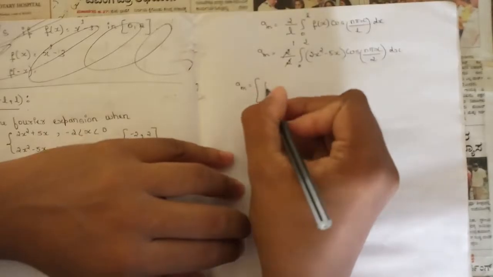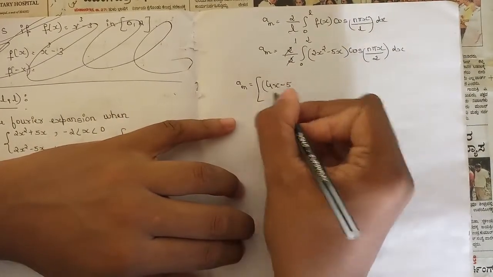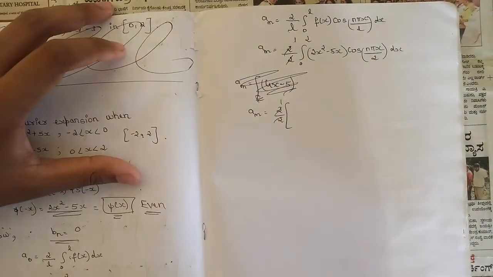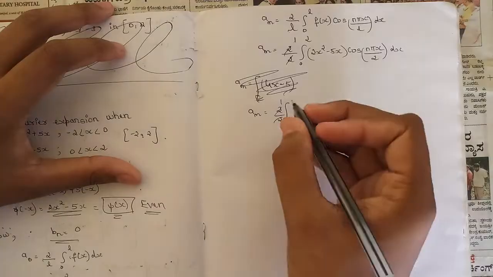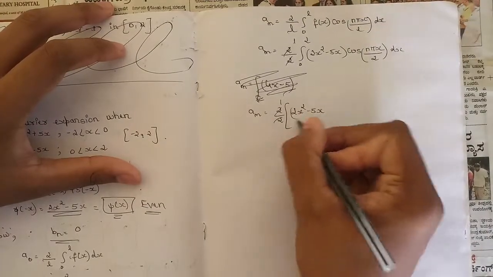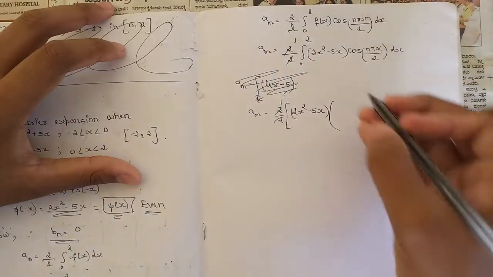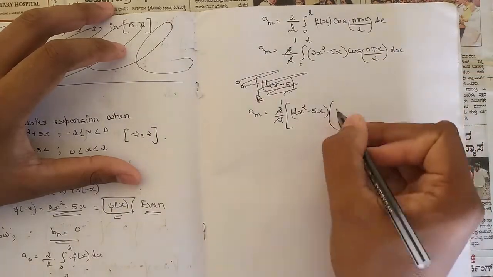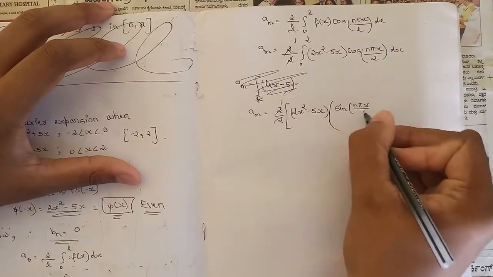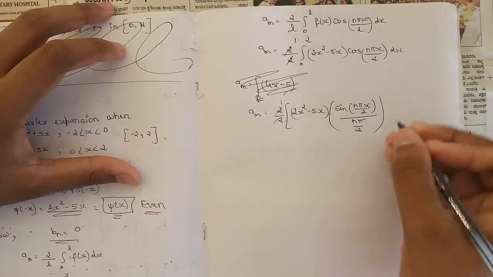4x minus 5, the first function we need to keep as it is, into the integration of the second function, that is integration of cos is sine n pi x by 2 divided by n pi by 2.